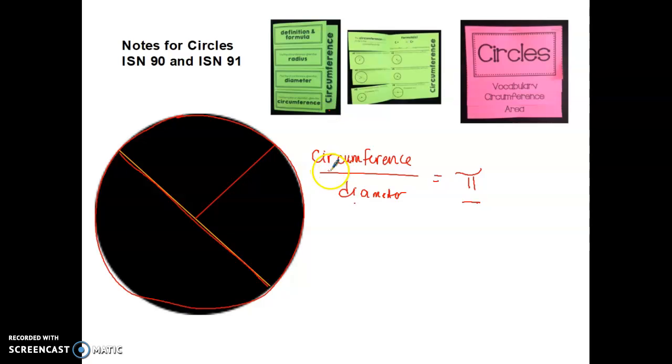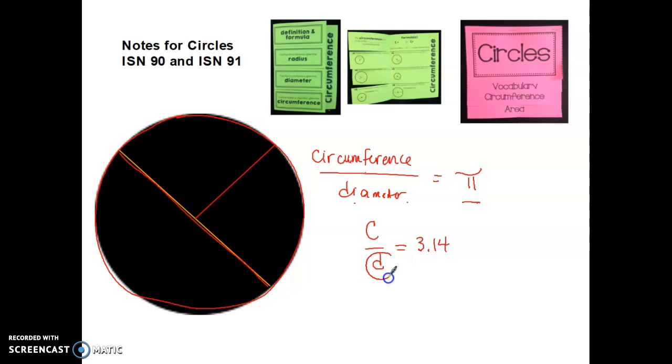So when I'm looking at this formula, the circumference divided by the diameter is equal to pi, I can rearrange it. C is going to represent circumference. It's divided by the diameter, the distance across the circle, and it equals this number that was pretty close to 3.14.